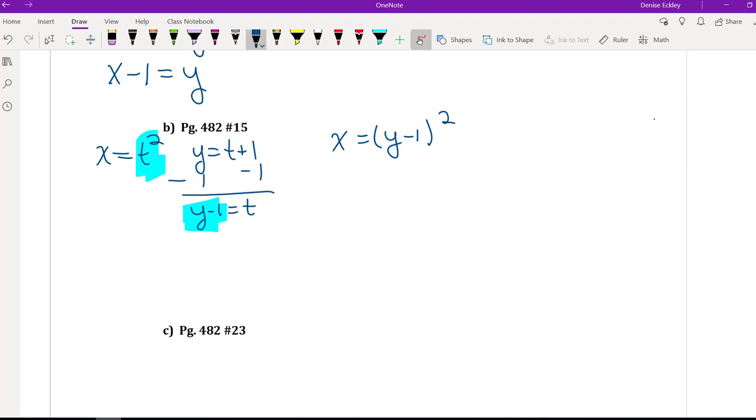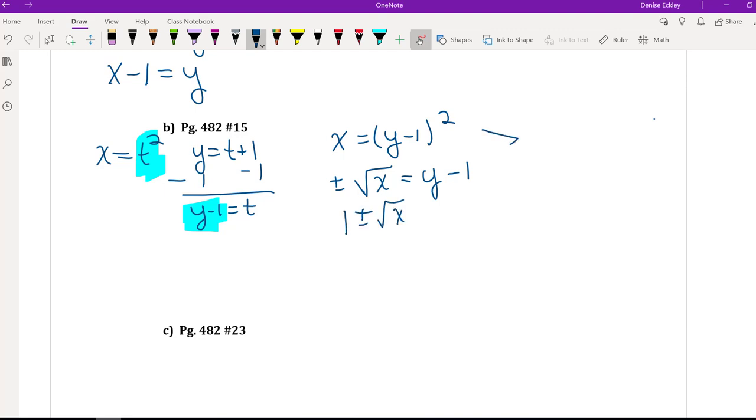I mean, if you want, you can take the square root of x. Don't expand the y minus 1, because then you have a y squared and a y. And it's going to be plus or minus. This will be y minus 1, so you have 1 plus or minus the square root of x.